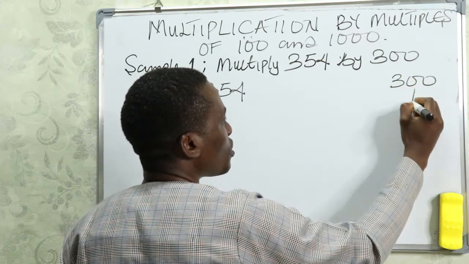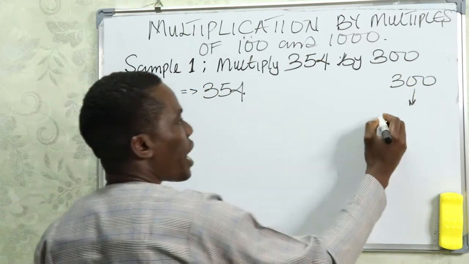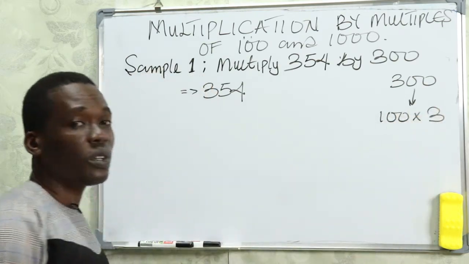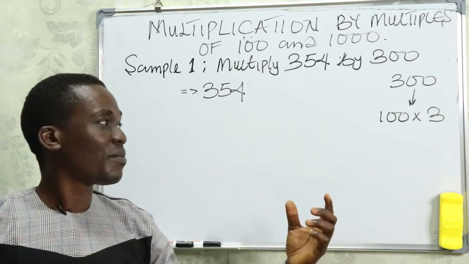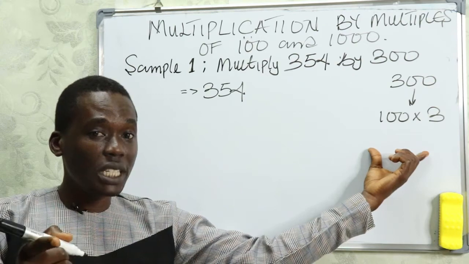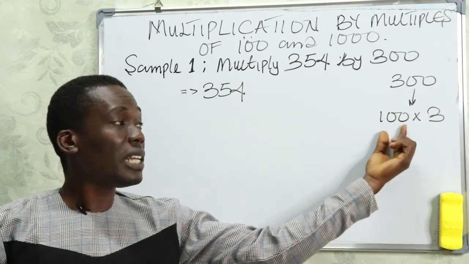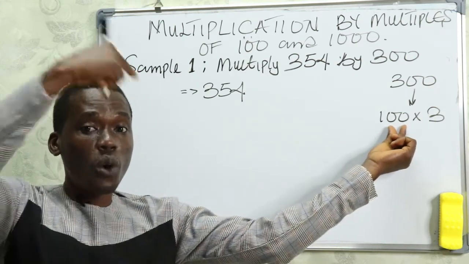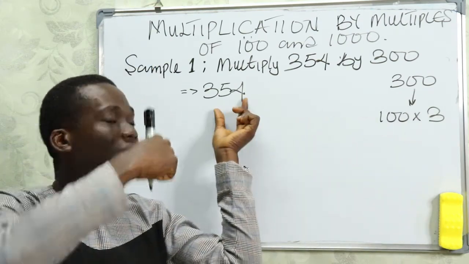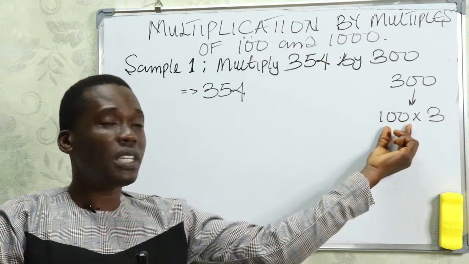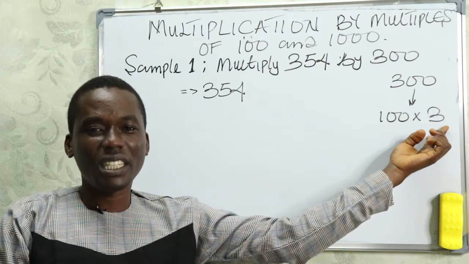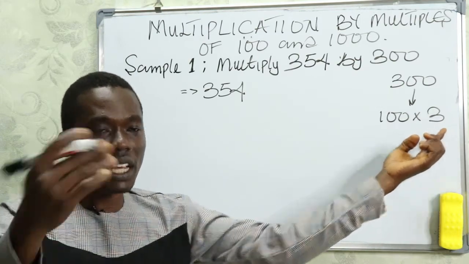Now 300 has 2 factors. What are the factors? We have 100 times 3 will give us 300. So you see now, the first step I told you about says you should add this number of zeros to the value that you are multiplying. And once you add this number of zeros, the result you get, you multiply by 3. You see how easy it will be. Now let's do that.